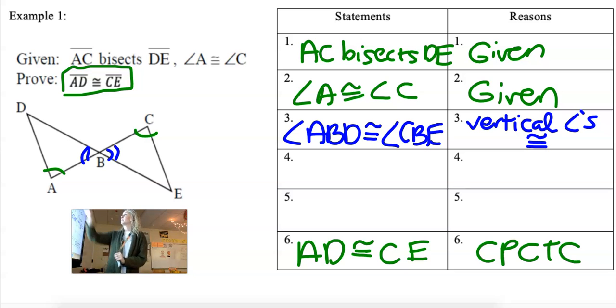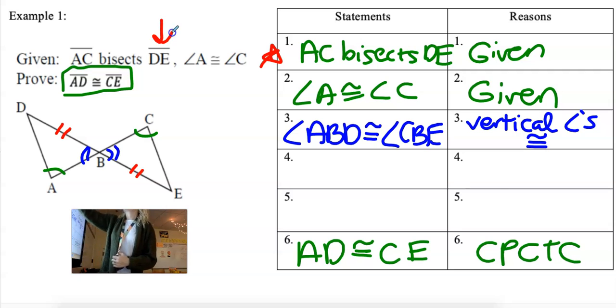Now I have to go back to what they gave me, and they told me AC bisects DE. So it's a segment bisector because segments are two letters. So I'm going to have to be cutting a segment in half. AC is the scissor. So here is the scissor, and it's going to cut in half DE. So I have to make a mark on DE. So I would say DB and EB because DE has to get cut in half.